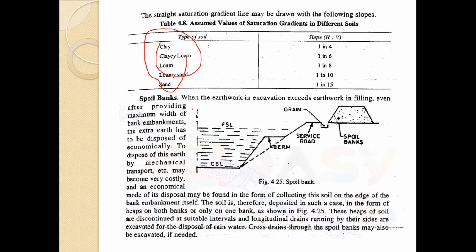The soil is therefore deposited in such a case in the form of heaps on both banks or only one bank as shown in this figure. So this thing, that is spoil banks, has been stored over here. This is possible when the earthwork in excavation exceeds the filling.